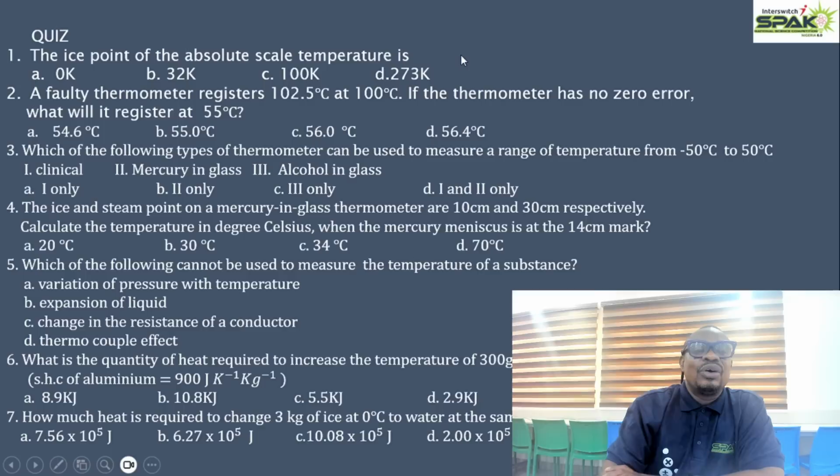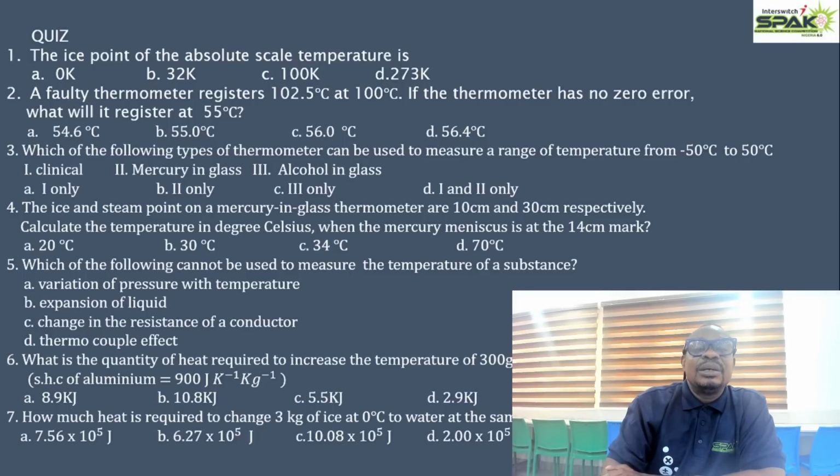In that interpolation method, you have your degrees Celsius. Just follow this cursor. This is my degrees Celsius. This point here is 0 degrees, and this end here is 100 degrees Celsius. So you relate your 0 degrees Celsius down to the faulty thermometer. It said it has no zero error, so that means the ice point of the faulty thermometer is still 0 degrees Celsius.